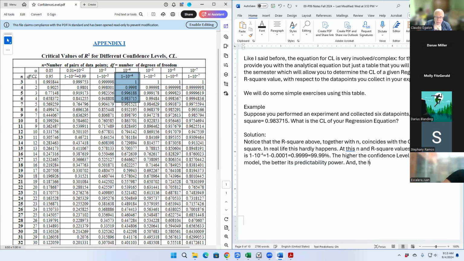And the higher your predictability power, the more money you can make with your product, right? With the product that you're selling in the market.